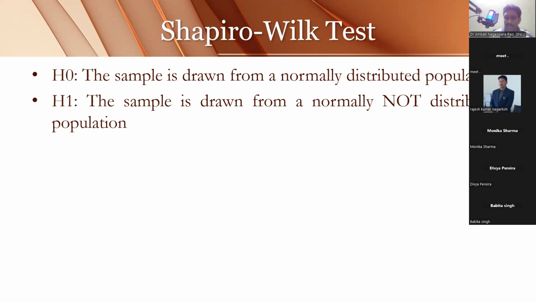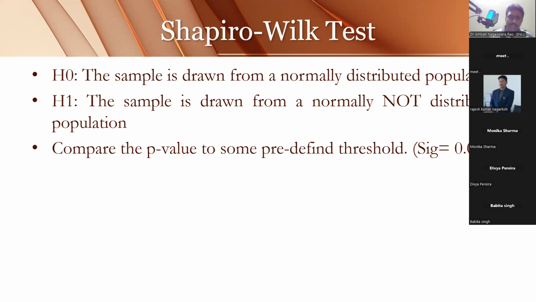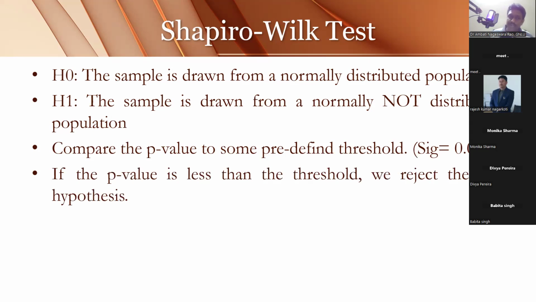Next, we are going to compare the p-value to some predefined threshold. The test value that you get, we are going to compare with the threshold value. The threshold value is 0.05. Now, how are we going to interpret the findings?